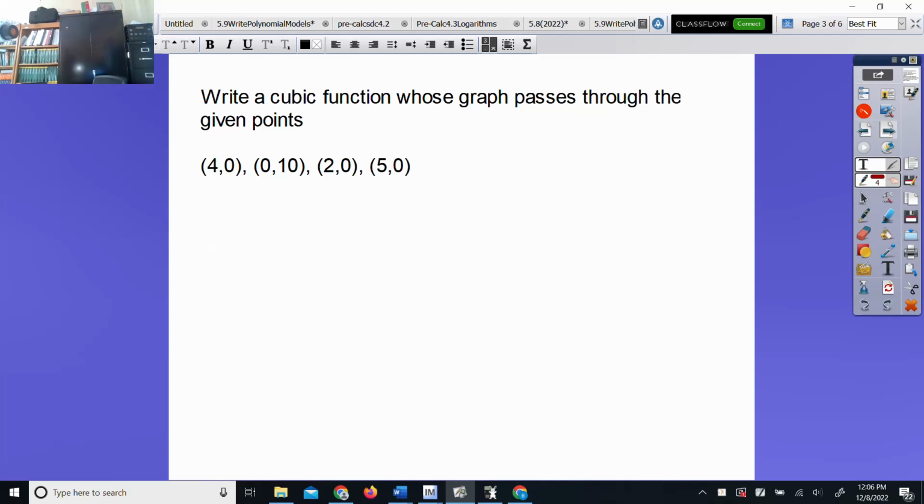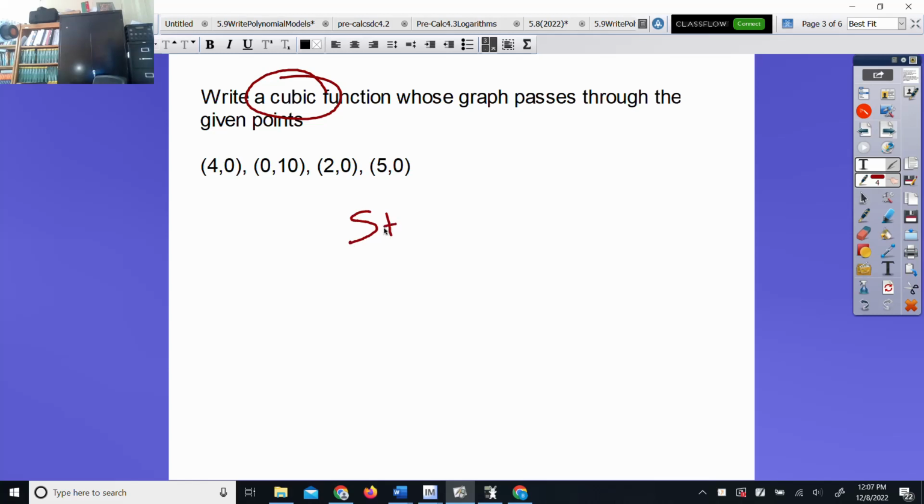We have taken points and thrown them in a calculator in the past. Anybody know how we've done that? We've done lines of best fit. We've done quadratics of best fit. This one right here is a cubic of best fit. Most of the work is still going to be the same. Silence? Okay, you're going to press Stat. Edit.